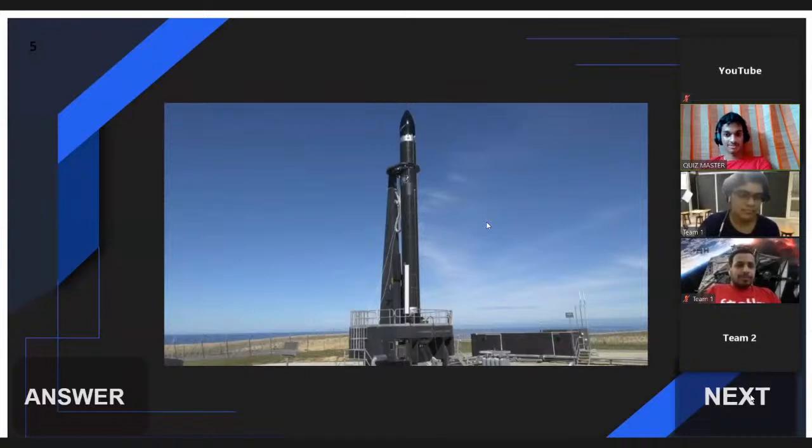Direct to team 3. Team 3, have you pounced? Okay, 4 and 5 pounced. Direct to team 3. Team 3.